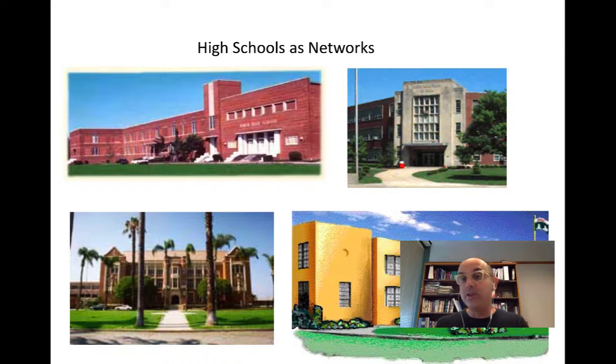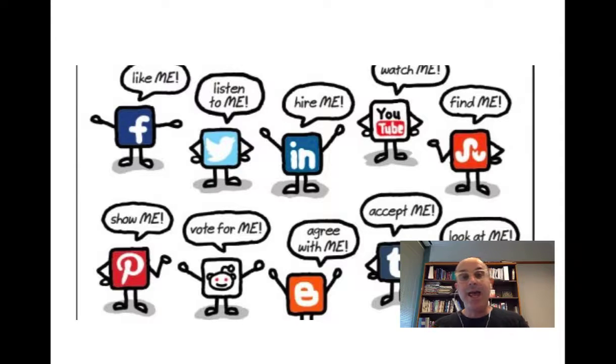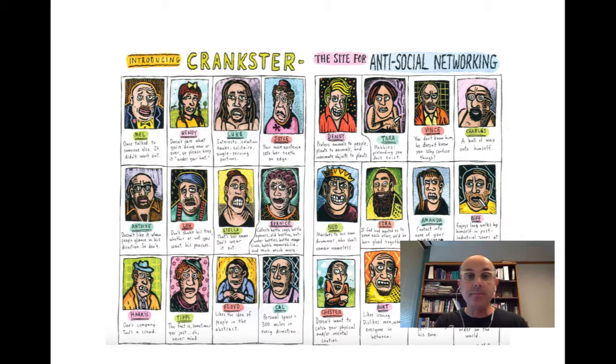So, high school network, all of us have experienced it. And in social media, we have LinkedIn, we have YouTube, we have Twitter, we have Pinterest, we have so many things and so many networks that we are connected to in one form or another.